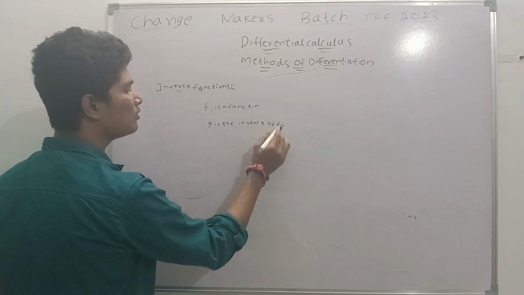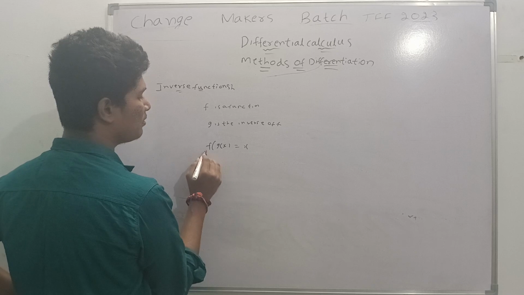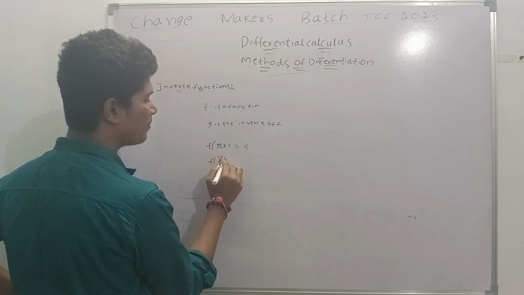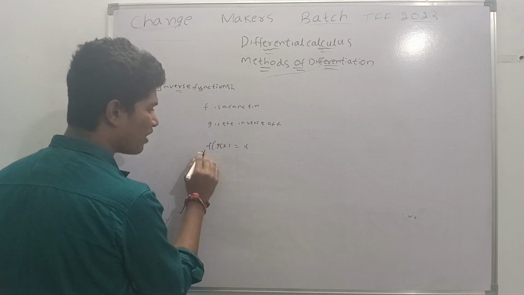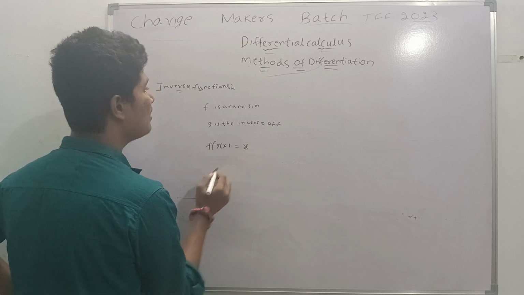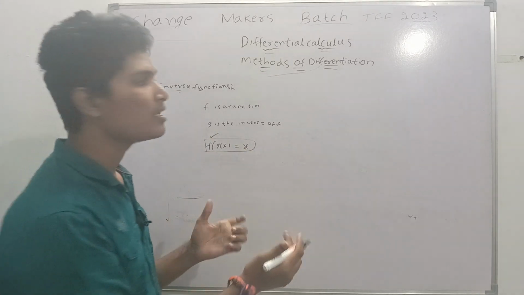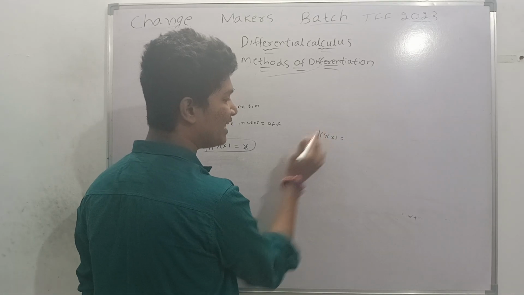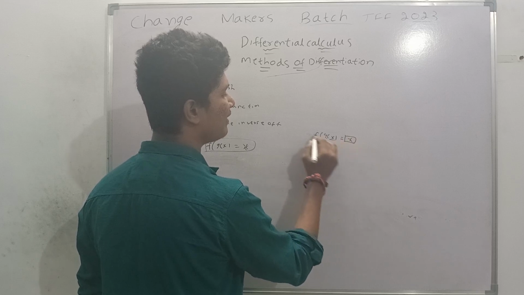What can we write? f of g of x is nothing but x, because f and its inverse cancel, so you will get x. So f of g of x equals x. This is the procedure, that is inverse. When we do f of g of x, the inverse and function get cancelled and you get x. It is very important.